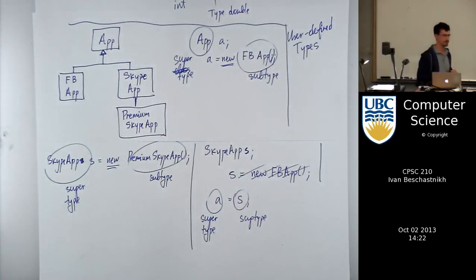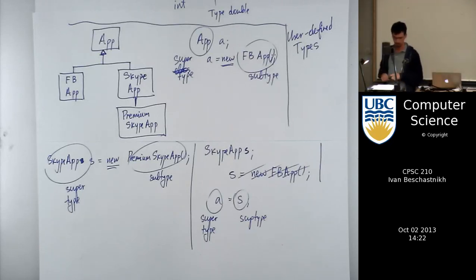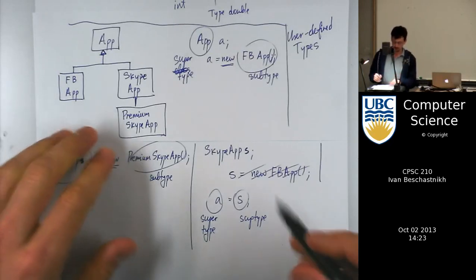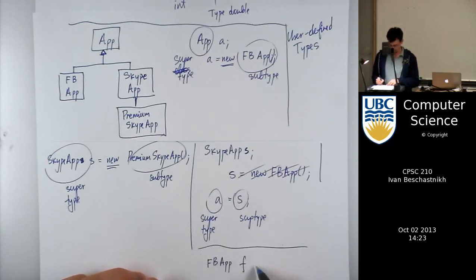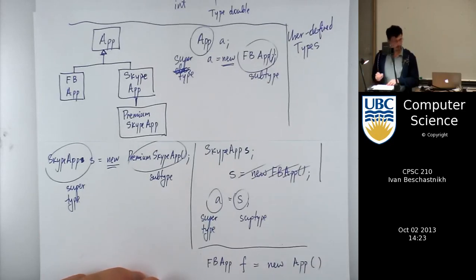So in the first example, can we change the app A to the page equals app and then A equals new app, correct? So we switch the page equals app and the app. Is that correct? Well, yeah. If I did something like FB app, and then I said new app. Is that what you meant?